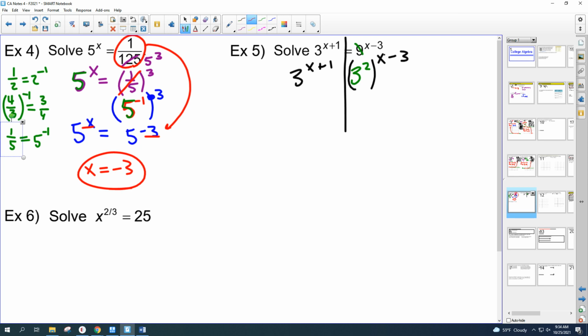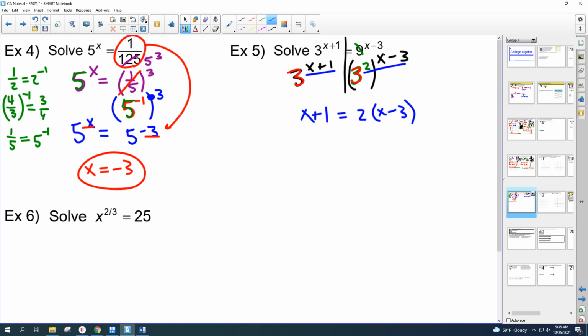Because at this point, when these 3s match, you really just need to compare the exponents. x plus 1 is going to equal 2 times x minus 3. The whole key was getting those things to match.